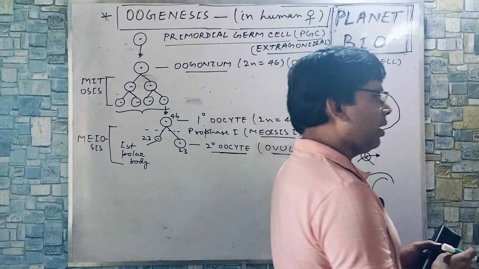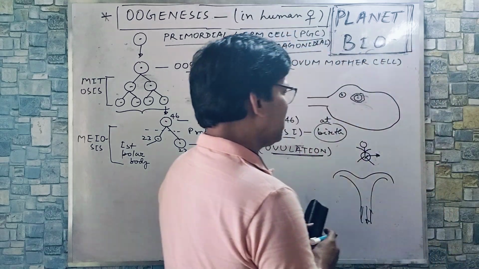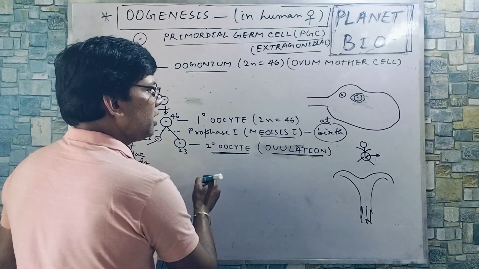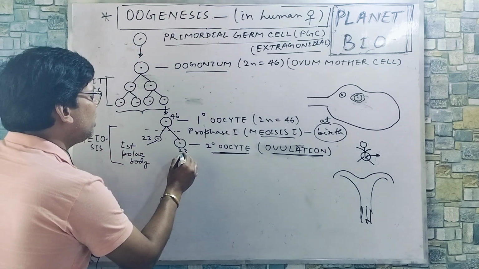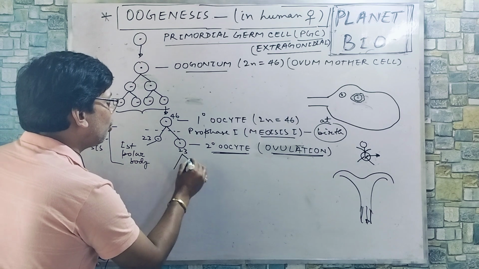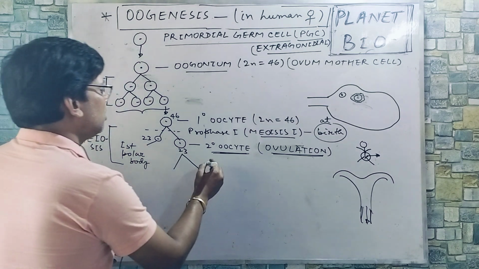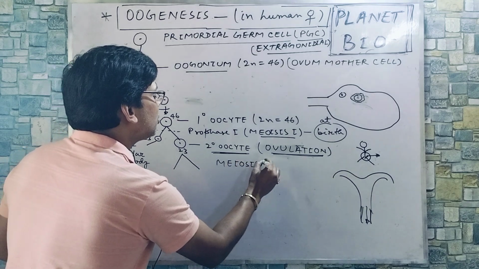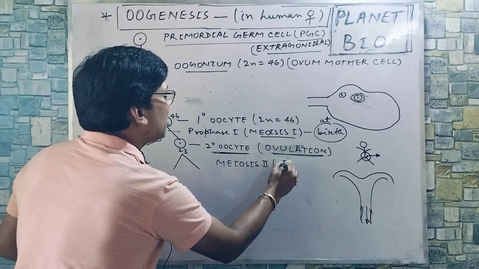At this stage, one secondary oocyte is released. Now it further undergoes meiosis 2. Is meiosis 2 reductional in nature?